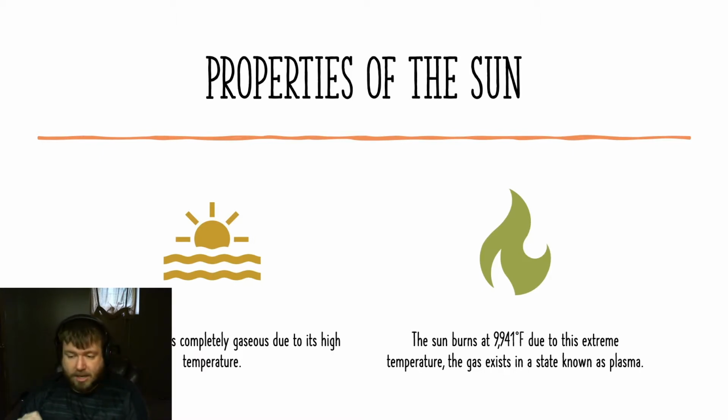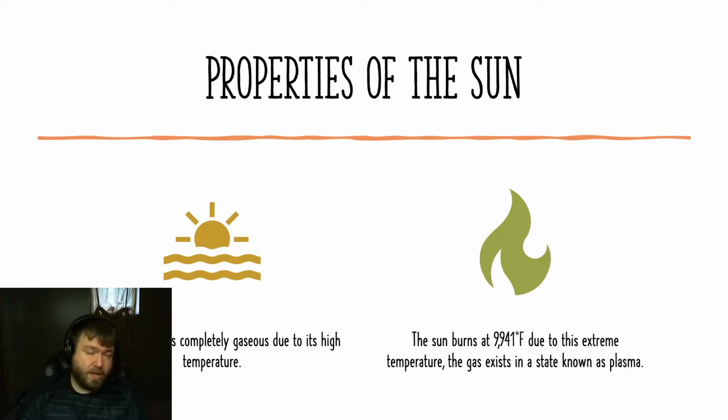We're not going to get into what plasma is and why gas at this temperature is considered plasma. That's for a higher level class than this. But all you need to know is that whenever gas gets to this extreme of a temperature, it becomes known as plasma. It is considered a different form of matter.